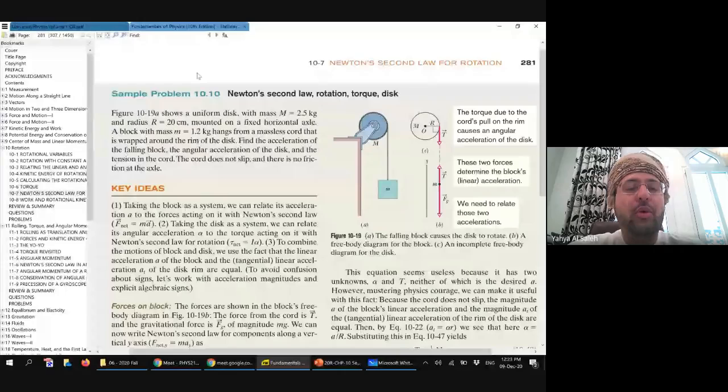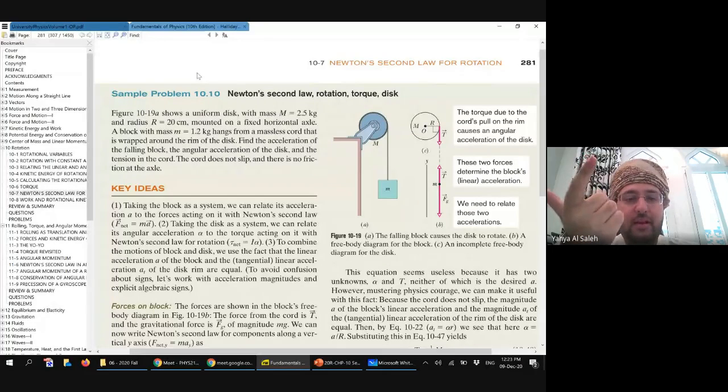A block with mass m equals 1.2 kilograms hangs from a massless cord that is wrapped around the rim of the disk. Find the acceleration of the falling block, the angular acceleration of the disk, and the tension in the cord. So we want to know a, alpha, and tension.